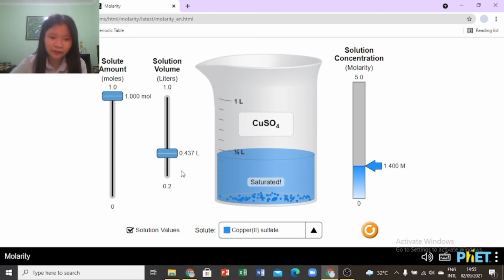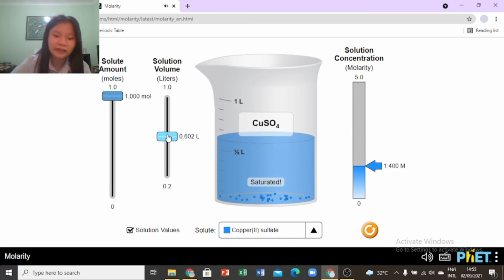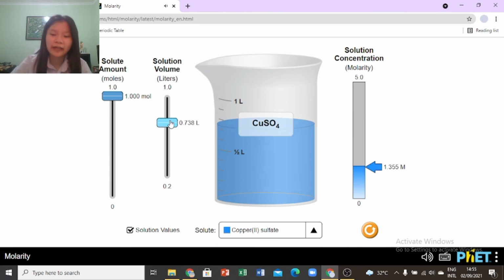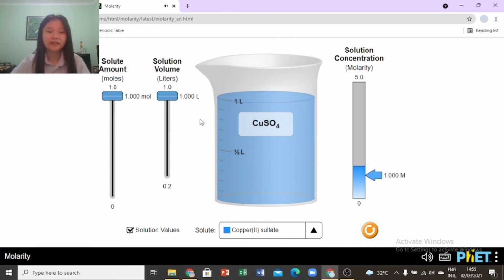For copper sulfate, when I increase the solution volume in liters, the molarity is not changing, but the crystals are decreasing. The crystals decrease until finally, when the crystals are all gone, the molarity starts decreasing. Until finally when the volume is at the highest maximum, the molarity is only 1. Now I will decrease the solid amount again to 0.